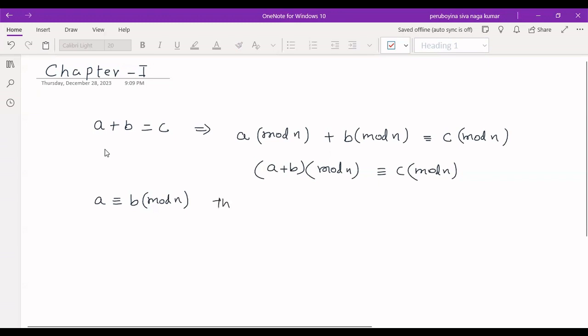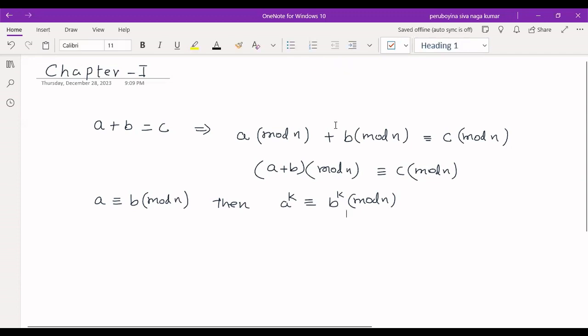Then if you raise the powers up to k times, that means A^k ≡ B^k mod n. Okay, so these are basic arithmetic properties, modular properties.